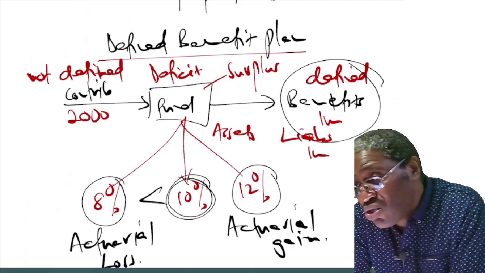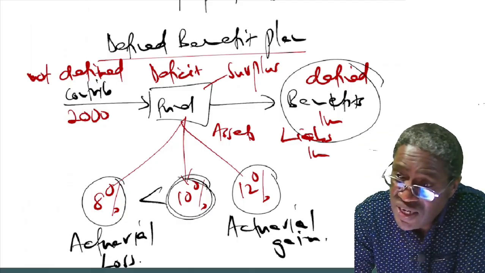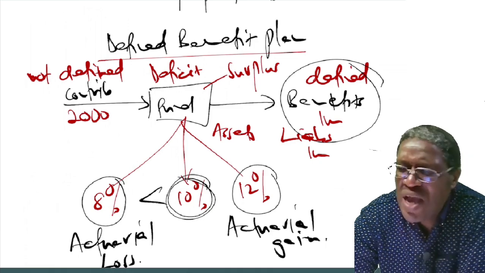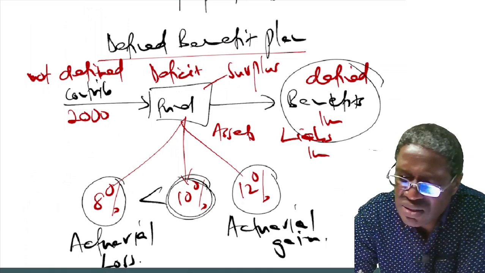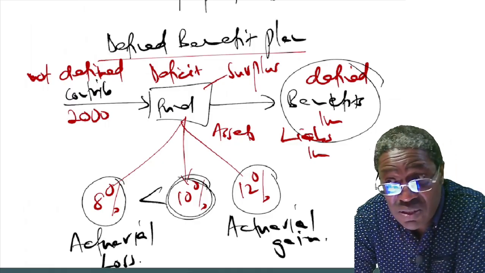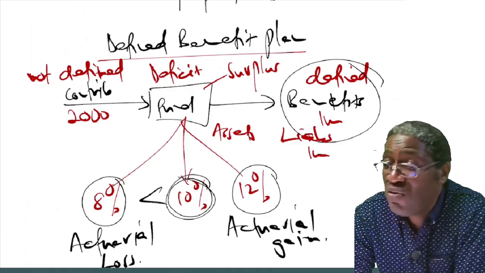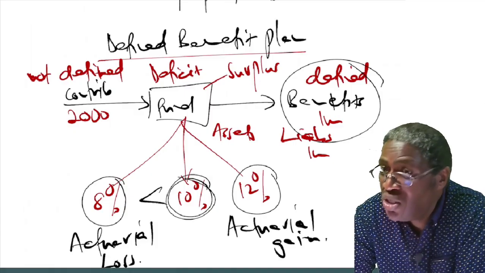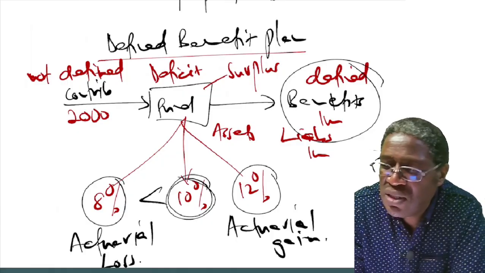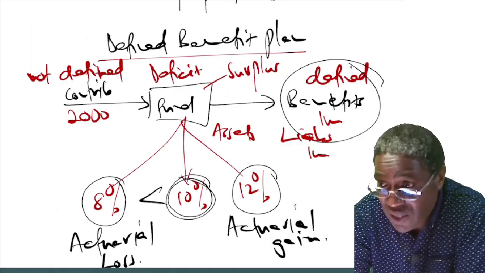Every time we send contributions, the fund agent is investing, either buying shares or buying property, buying buildings, whatever it is. Those are still investments. So if you want to know whether your fund is able to meet the obligation, you can compare the assets of the fund with the liabilities of the fund.